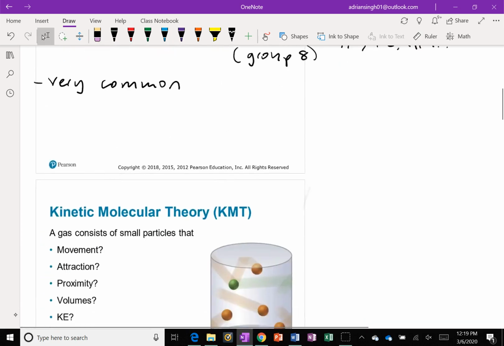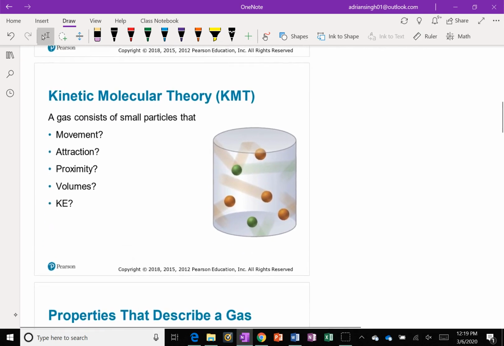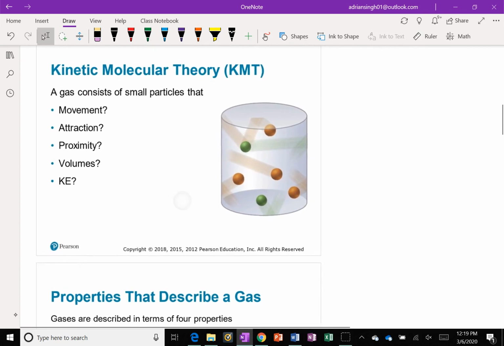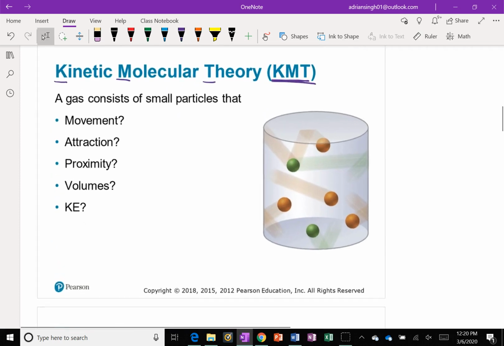When it comes to the behavior of gases, there's a theory that we use in chemistry that describes how gases behave, and we can use it to predict how they're going to behave as well when conditions change. And that's called the kinetic molecular theory, which is often abbreviated as KMT. And according to this theory, the particles of a gas are in constant random motion.